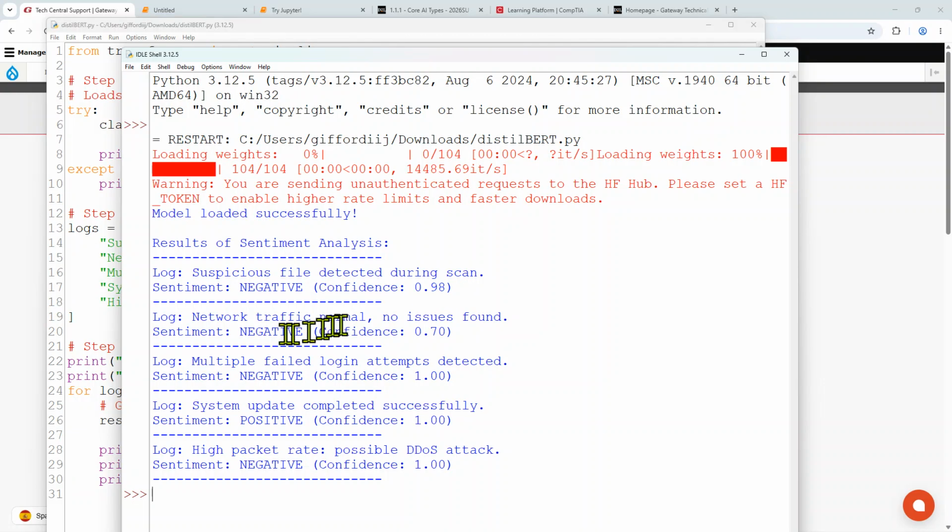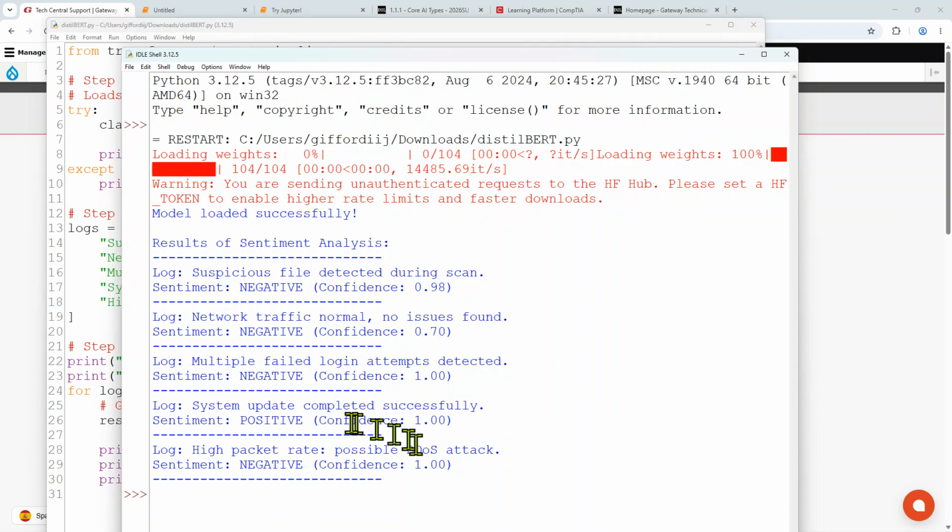It came back and gave that a grade of negative. Now, when I reviewed it, I would say that that is a positive sentiment. So that's interesting that it came back as negative. We'll talk about a little secret here on why that actually came back as negative. But going on here, multiple failed login attempts, negative. I concur with that. And again, it has a very high confidence that that is a negative result.